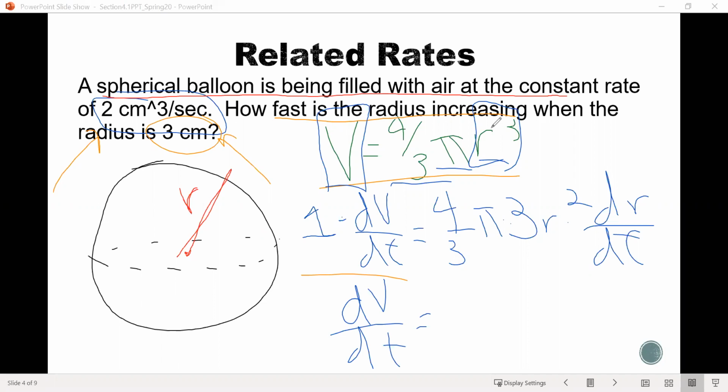Over here on the right-hand side, we have a 4/3 times pi times 3. I'm going to leave the pi as is for right now, but if I do 4/3 times 3, hopefully you notice these 3's cancel. So we just end up with 4 pi r squared times dr dt.